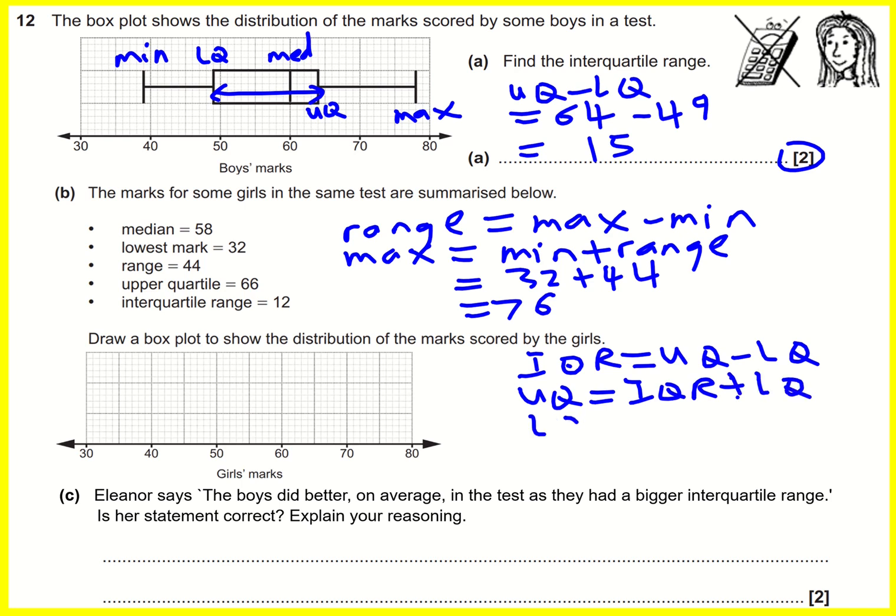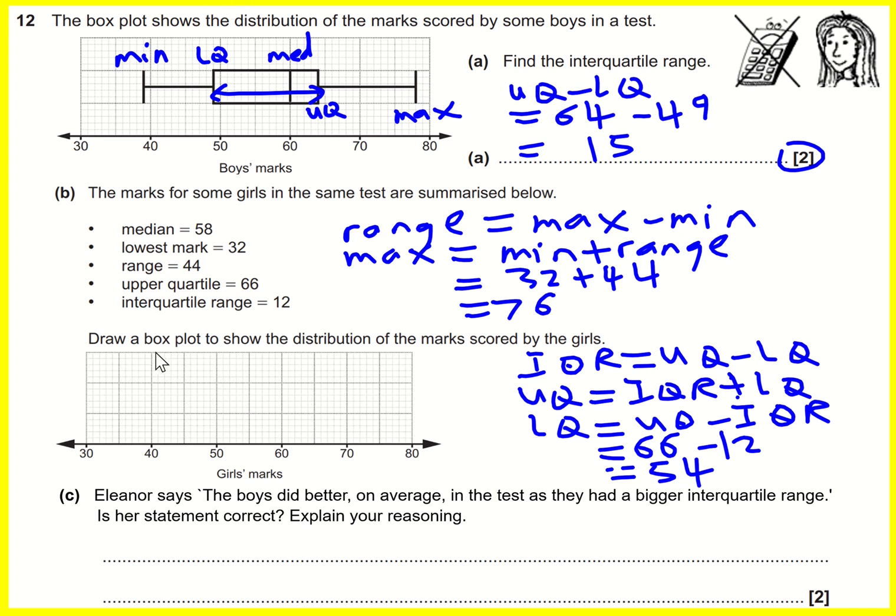And hence the lower quartile is the upper quartile minus the interquartile range. You might have figured this out intuitively, but I've done it through rearranging equations. So in this case, it's going to be 66 minus 12, which gives me 54. And now I've got my 5-number summary, my min, lower quartile, median, upper quartile, my maximum.